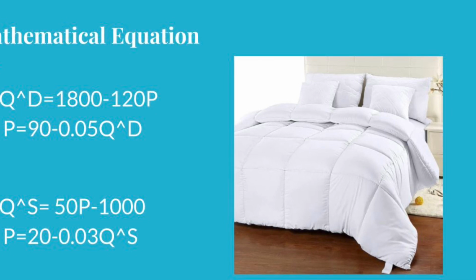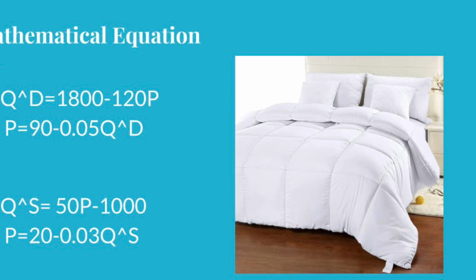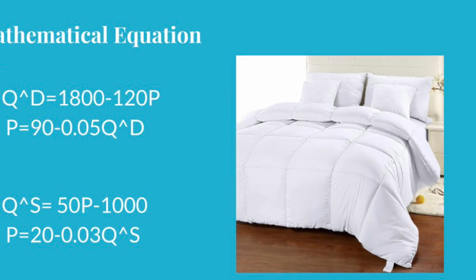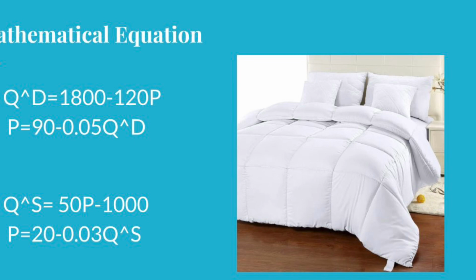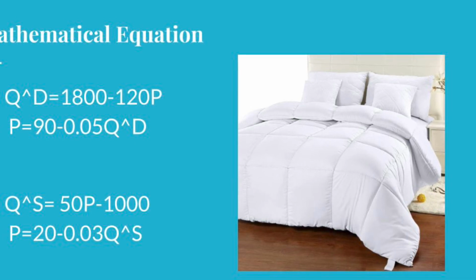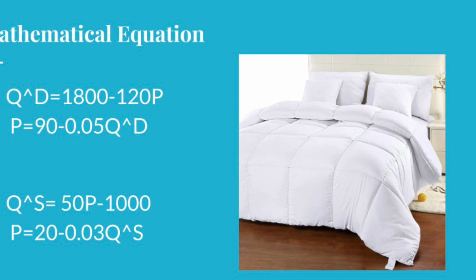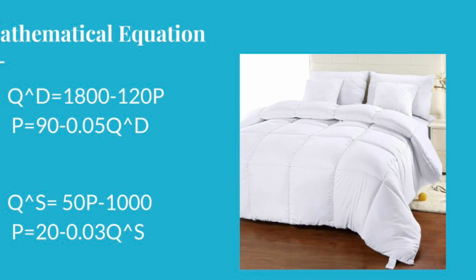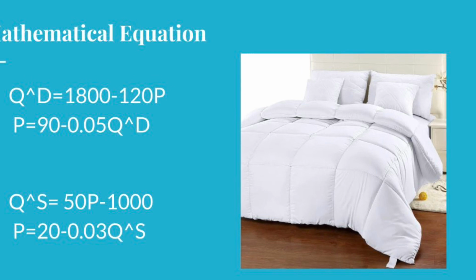Because of this, it is sometimes easier to express the demand relationship as an inverse demand curve, where price is expressed as a function of quantity. So in our example, it would be P = 90 - 0.05 Q^D. This is just the original demand curve solved for P instead of Q^D.